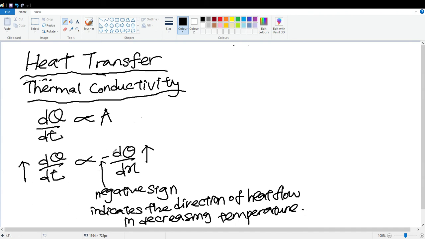So if the temperature gradient is higher, the rate of heat flow is higher.